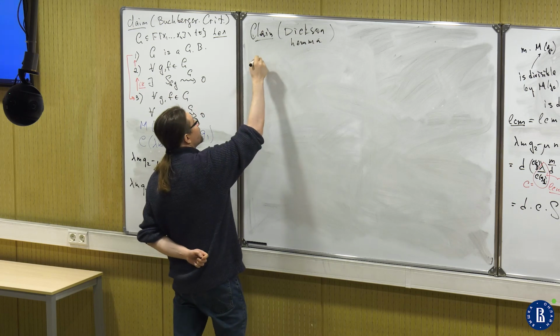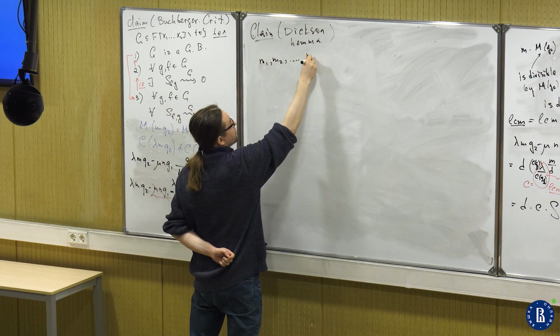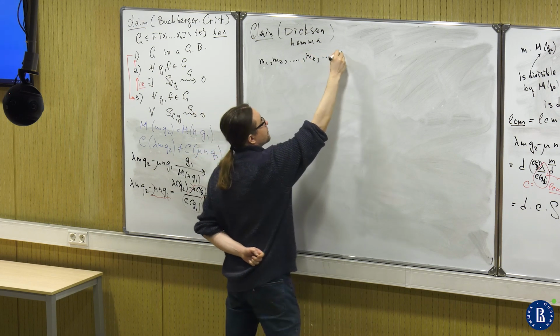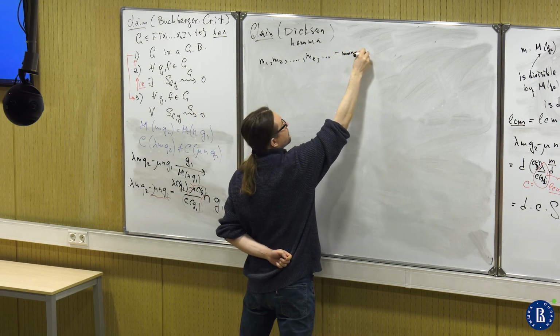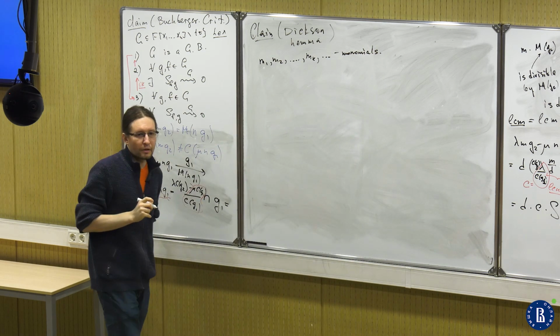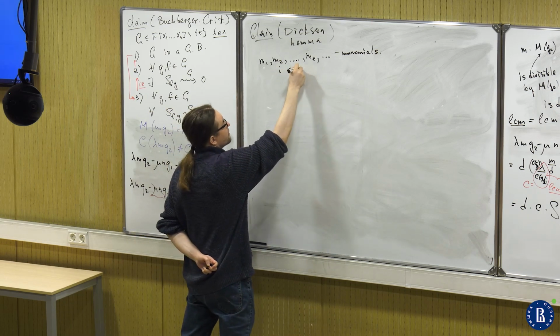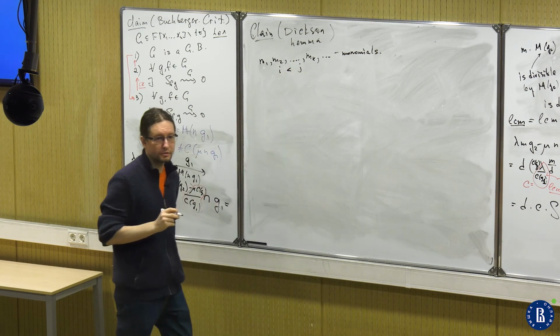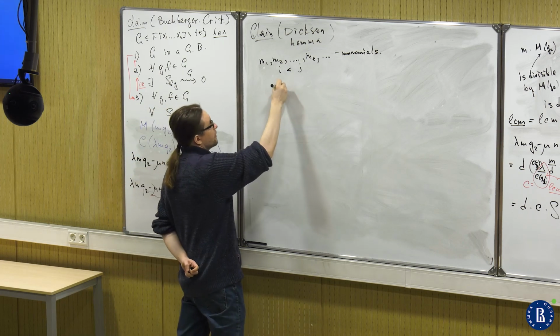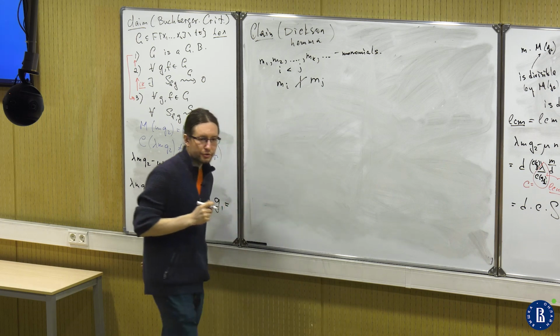Suppose we have a sequence of monomials, and if you take i smaller than j, then m_i doesn't divide m_j.